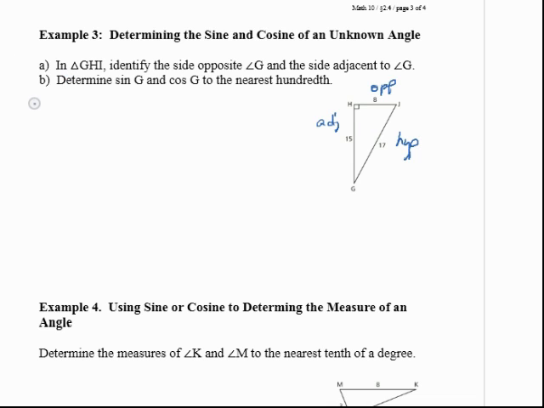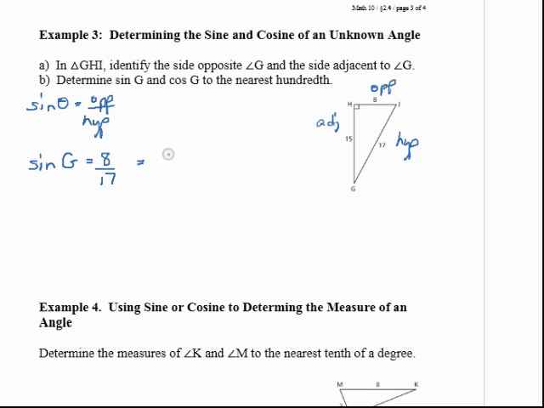So, just like we did with tan, I like to write it as sine theta equals opposite over hypotenuse. Using theta, this is my base equation, and it's always a good idea to write out the base equation. So now I'm going to plug in what I'm actually doing in this circumstance. So sine G equals 8 over 17.